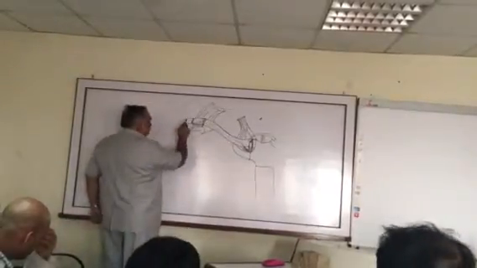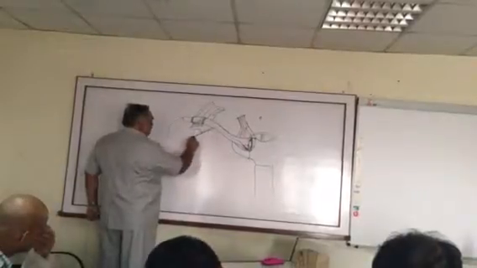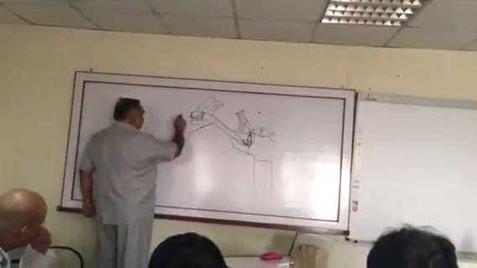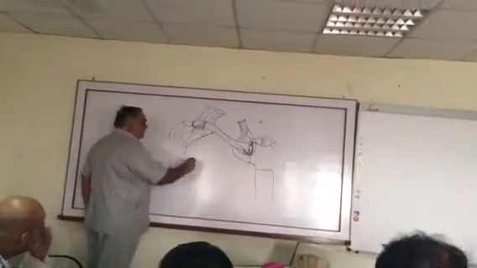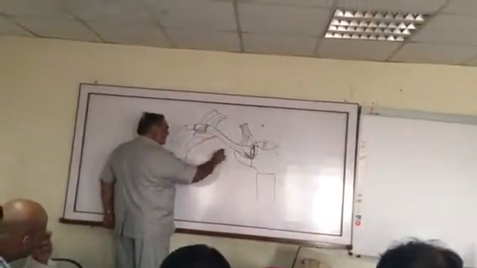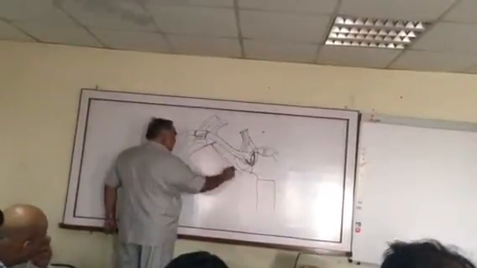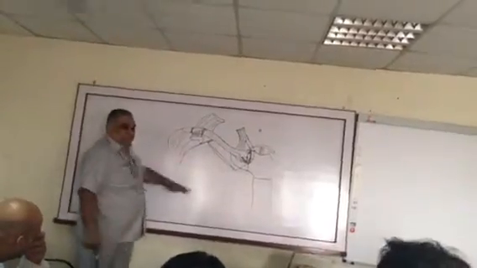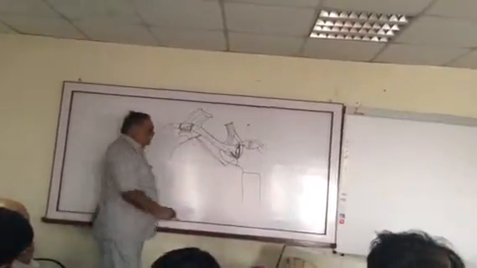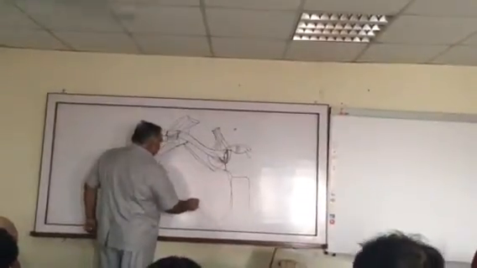Alright, and outside the border here, from here you have the deltoid muscle, and from here to here you have the pectoralis major. Pectoralis major goes down, right up to here.